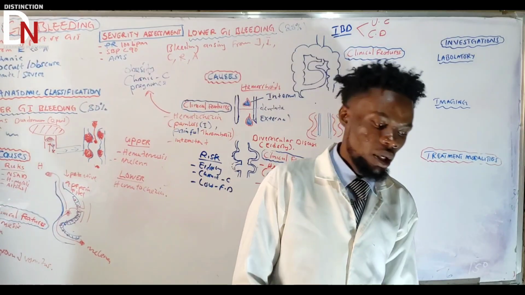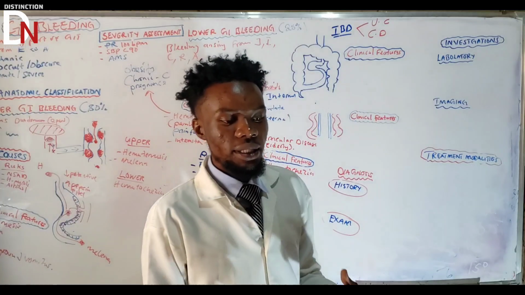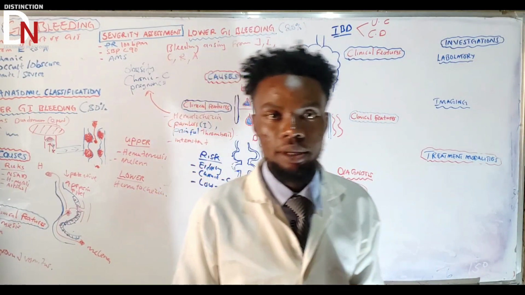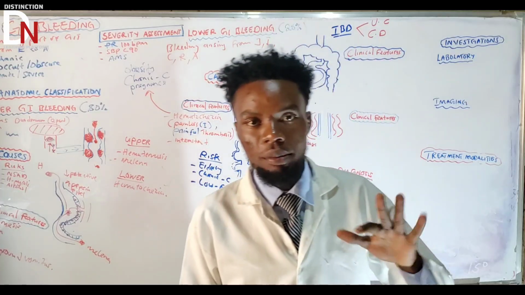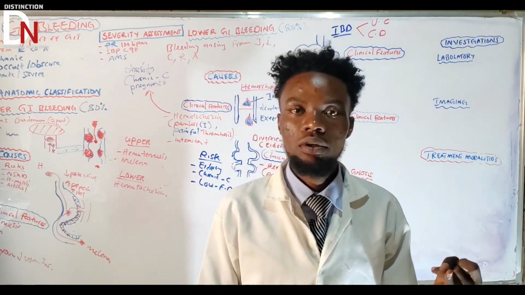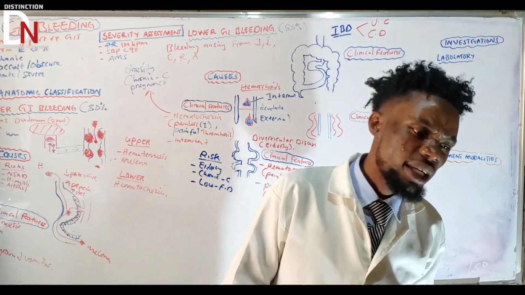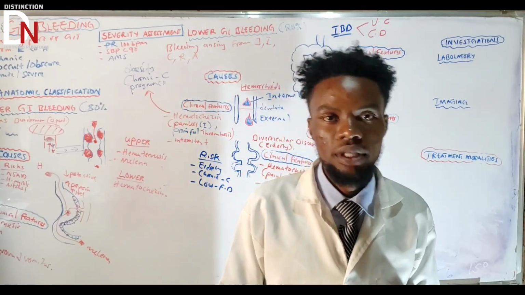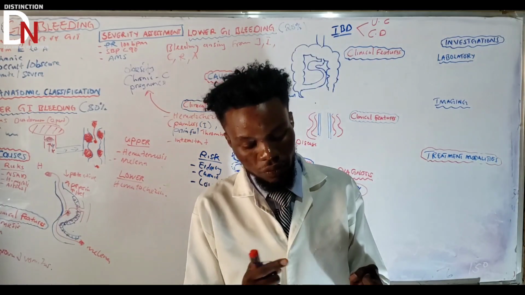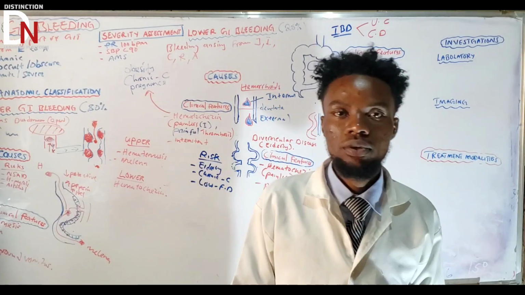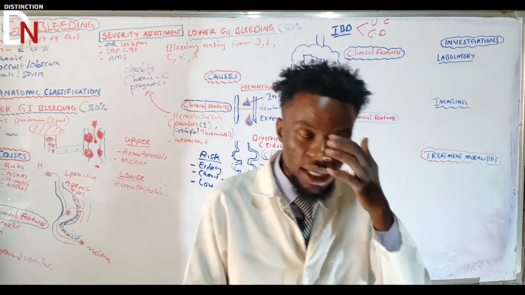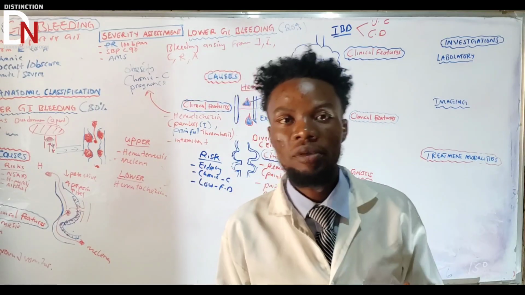Now, IBD is one of the causes of lower GI bleeding. Very, very important. Remember that ulcerative colitis most of the time likes to affect the large intestine, the colon, starting from the rectum up to maybe the transverse colon, and it causes superficial ulcers.